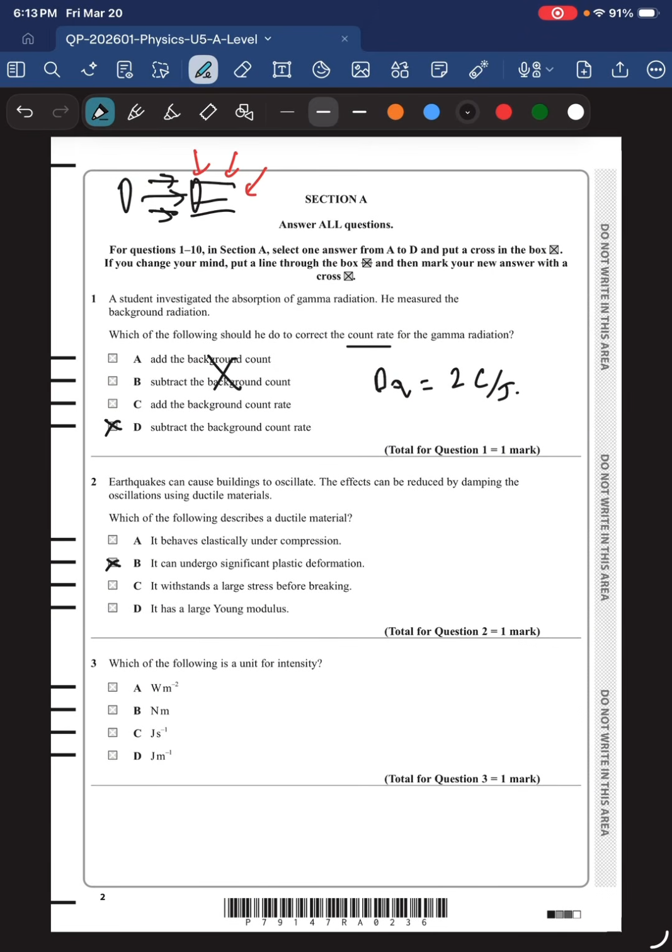No. And again, I remind you that if you have the stress-strain curve of a ductile material, it will look something like this, and this will be the large plastic deformation region. Okay. Question 3. Which of the following is a unit for intensity?